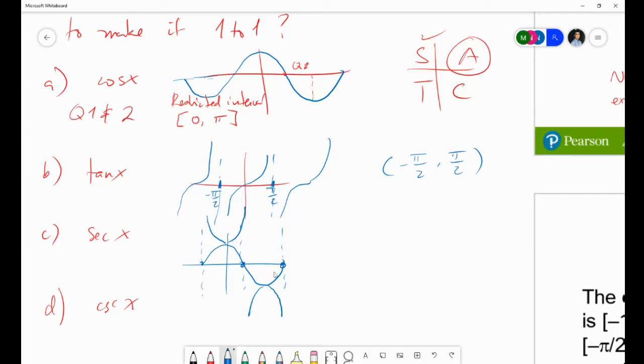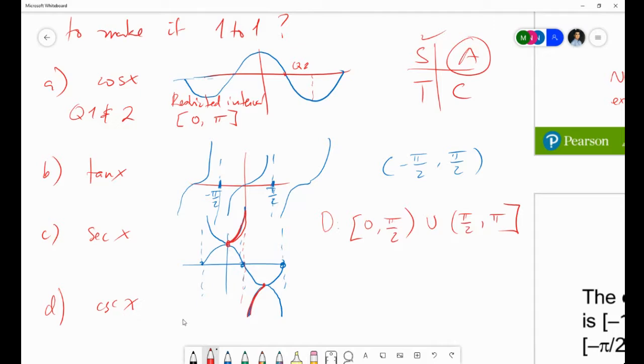Well, if you choose 1 and 4, it is not 1 to 1 because you can see here that it does not pass the horizontal line test. So we have to choose this piece right here and this piece right here, which is in quadrants 1 and 2. However, we do have a vertical asymptote here at pi/2, so the domain that we need to restrict it to is from 0 to pi/2, union pi/2 to pi.